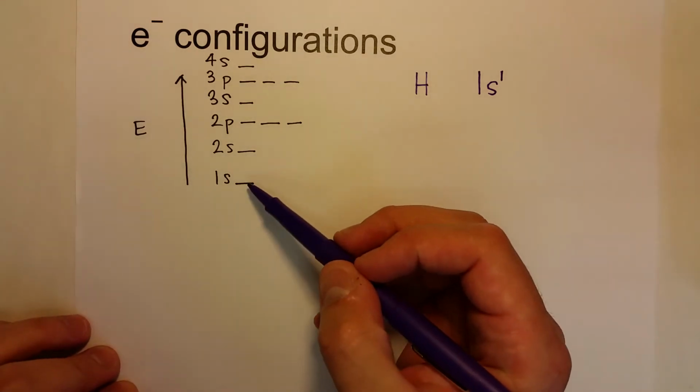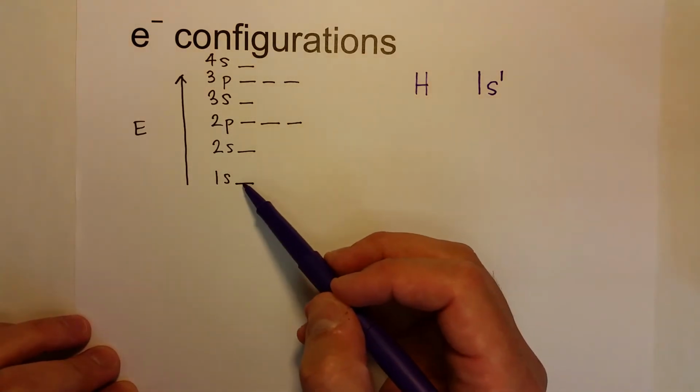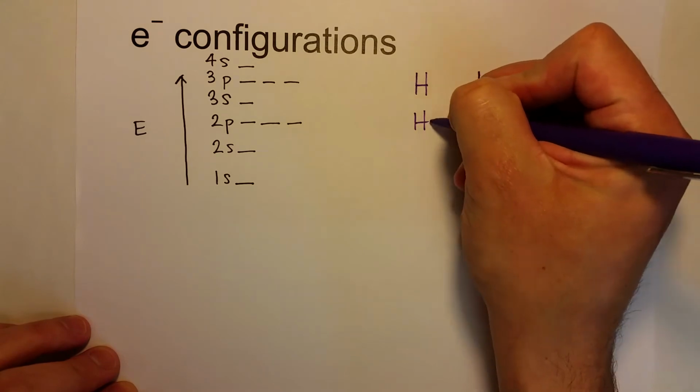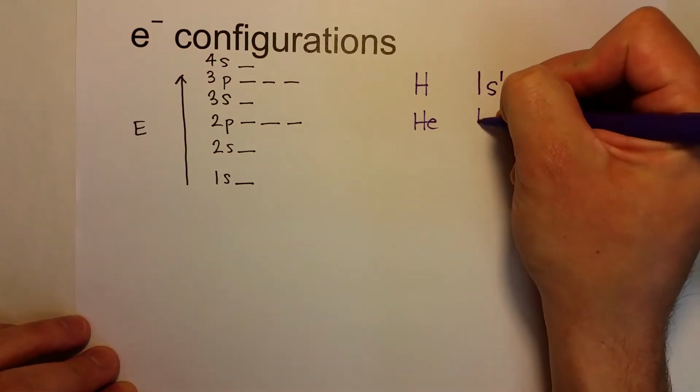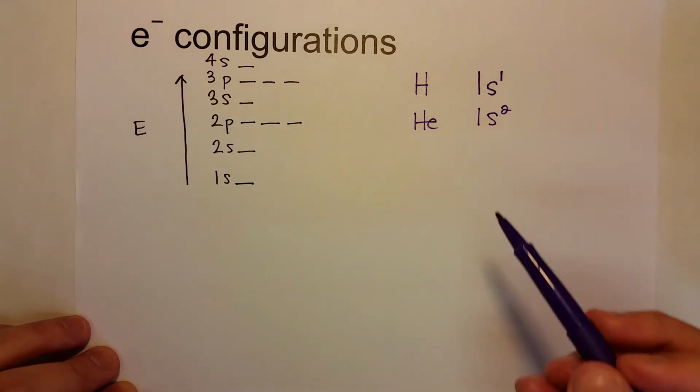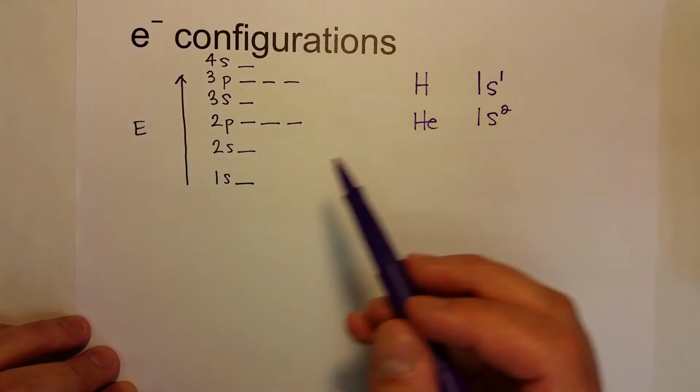So hydrogen has 1 electron in the n equals 1 energy level and s orbital. The next element, helium, has an electron configuration of 1s2. Its first 2 electrons go in the 1s orbital.